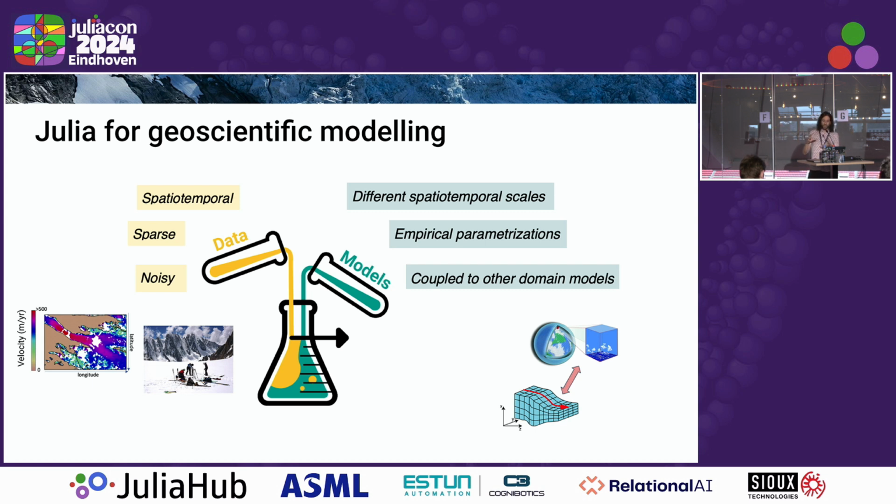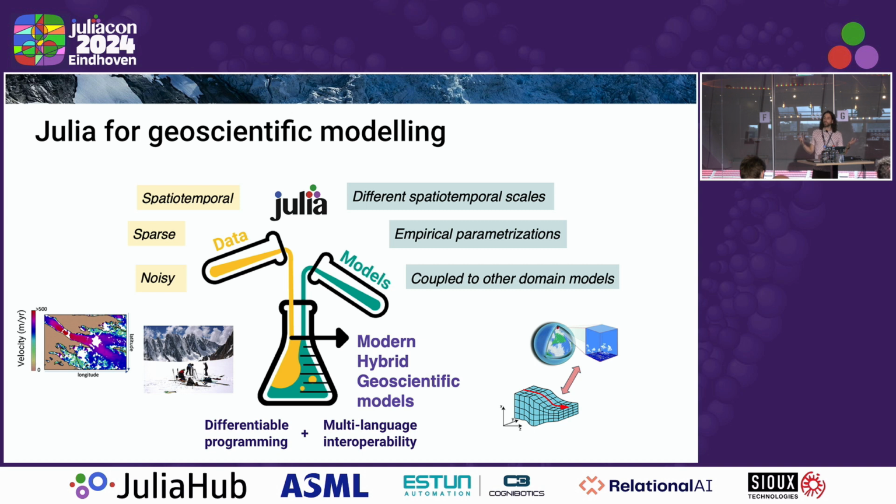And sometimes if we have to work at the scale of the globe and then resolve something as small as maybe cloud microphysics, we will not explicitly resolve those, so we'll use empirical parameterizations. And then importantly, since on Earth everything is connected, we need models that can be easily coupled among them, especially, for example, to simulate the interactions between the ocean and the atmosphere. So why is Julia so interesting here? Because from my point of view, two main ingredients.